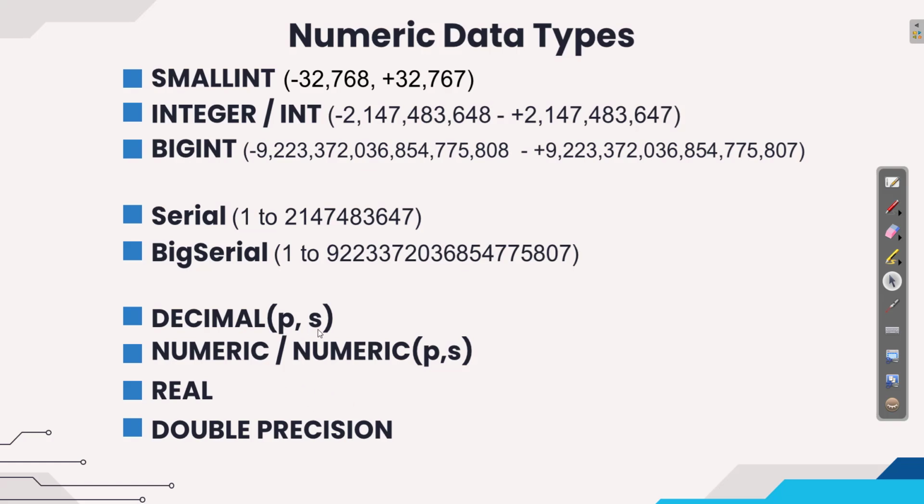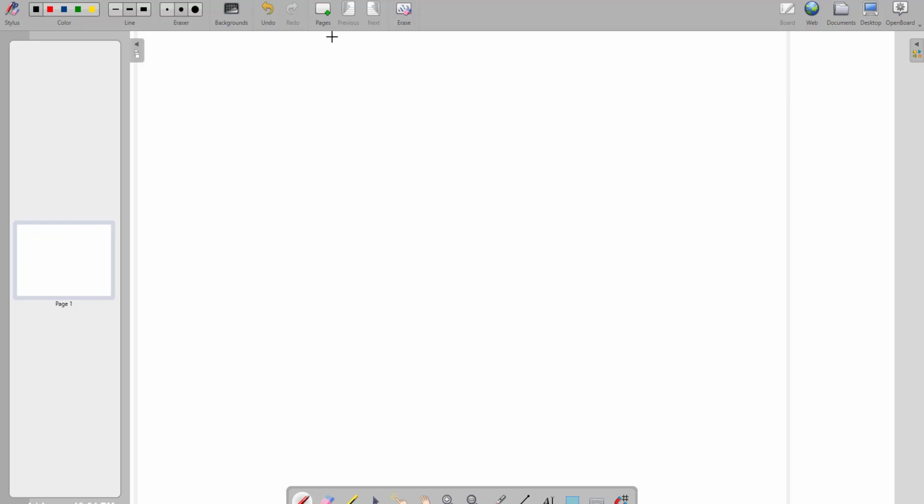Okay, then decimal, with precision and scale, and also numeric. For decimal or numeric, for example, we specify precision 10 and scale 2. This is P and this is scale. 10 means the total digits and 2 means the digits after the decimal point.